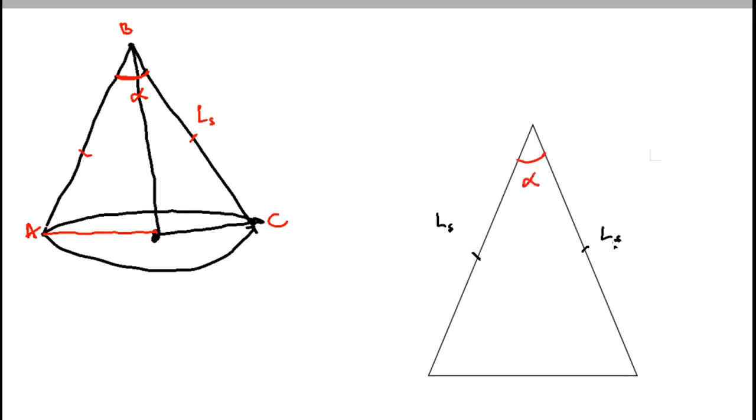So this is our slant height, and we have a perpendicular from B that will bisect this alpha, and then go to the base of the triangle. And we have our angle 90 here, exactly what it should be.